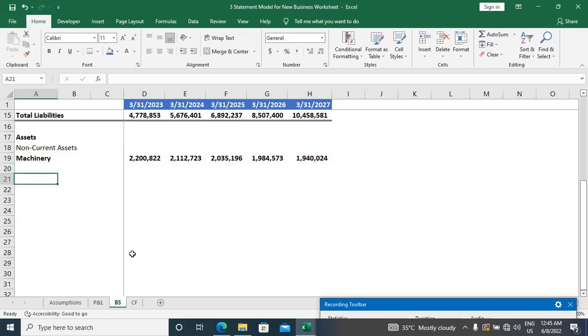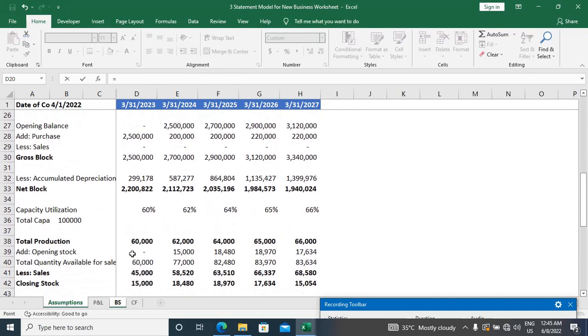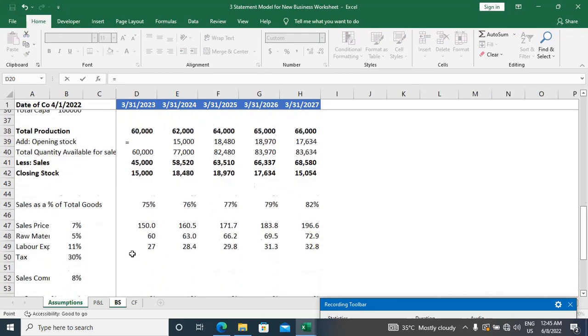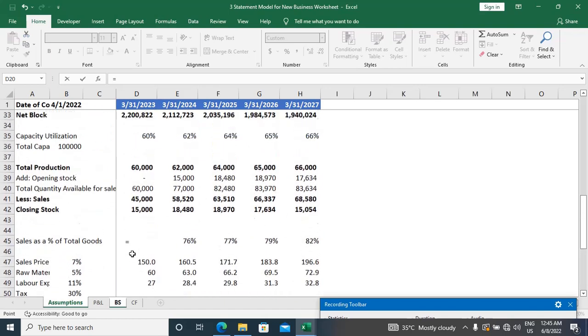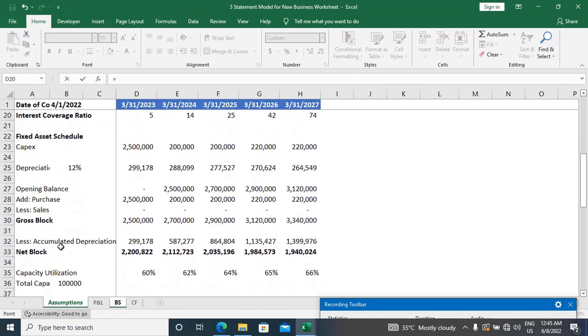Then you can do current assets. Current assets, what you can do? You can do inventory. Did you have any inventory in this assumption sheet? We had just the quantities, right?